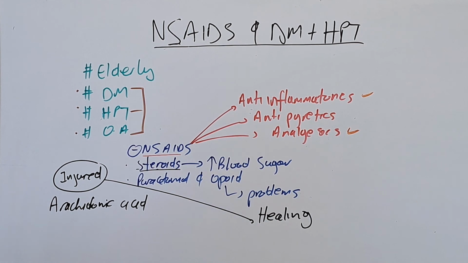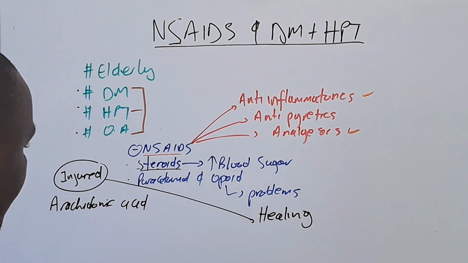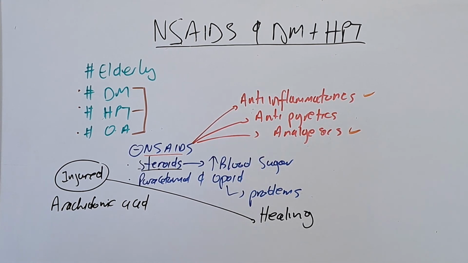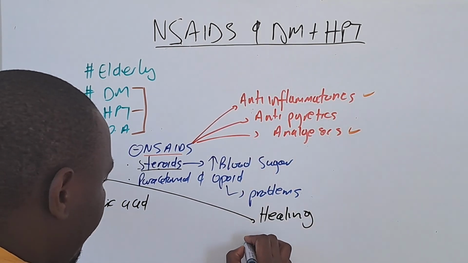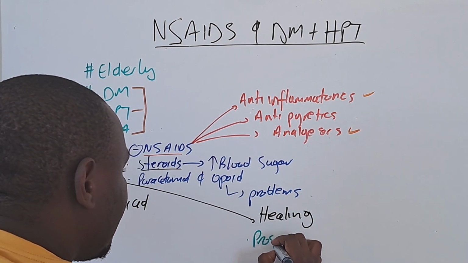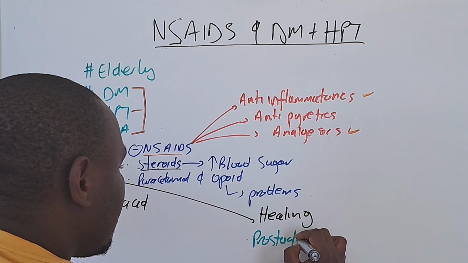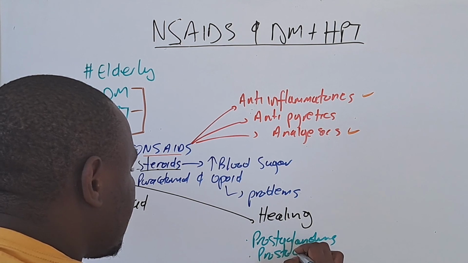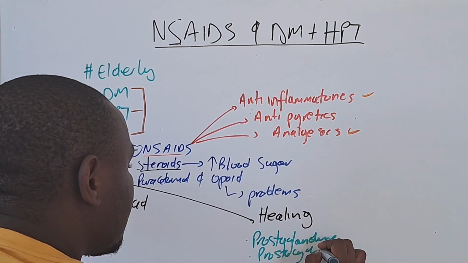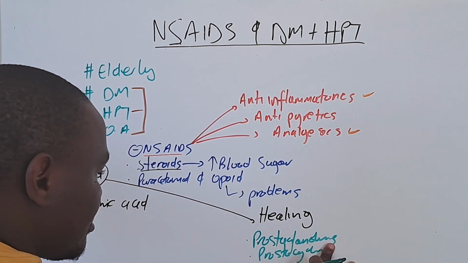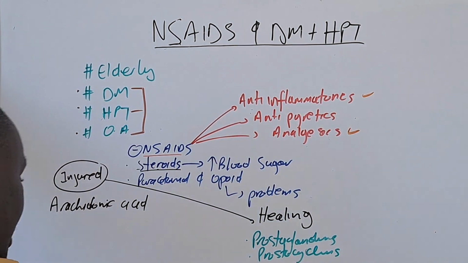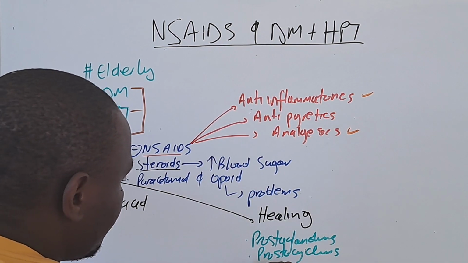But how do you get that cascade of inflammation and all of that? So you need these guys. You need prostaglandins. You need prostacyclins. You also need thromboxane.